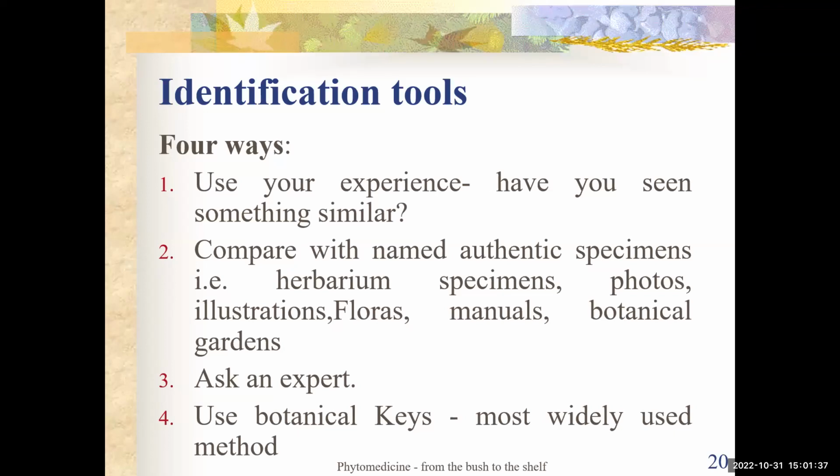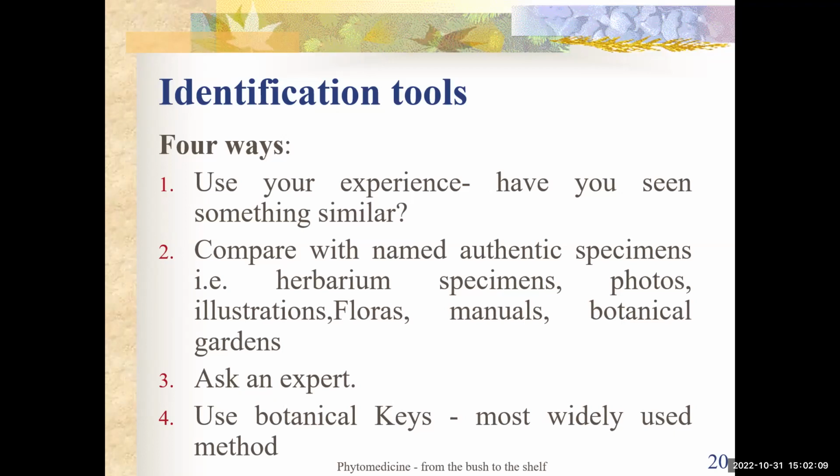You can compare the plants with authentic specimens where they have been named before. For example, we have a herbarium where plants are named and kept. We have a botanic garden. We have books, manuals, floras, photographs, illustrations. All those can give you an idea about the name of the plant.